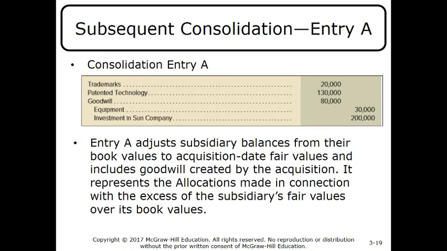And so 20,000 allocated to trademarks, 130 to patent technology, 80 to goodwill, and of course, you have a situation where equipment's less than its fair value, so you have to credit $30,000. And of course, the difference is the remaining investment in Sun Company after entry S of $200,000.